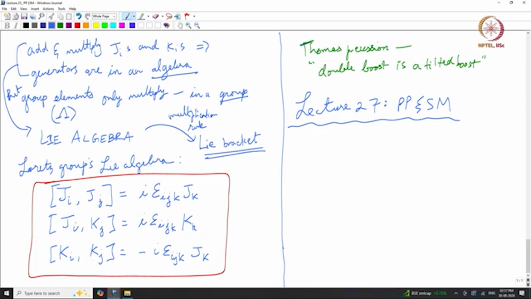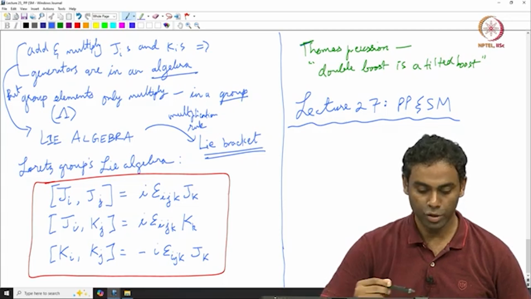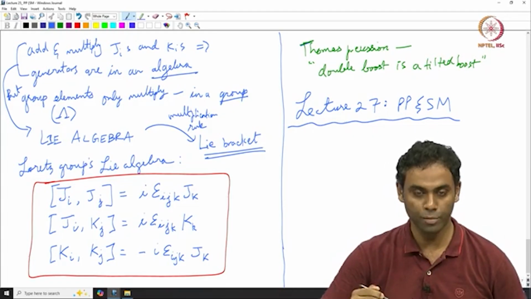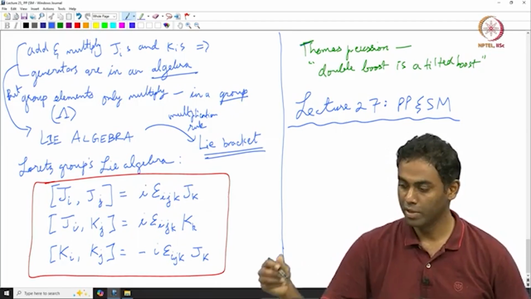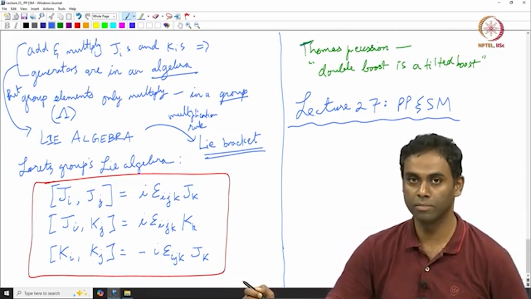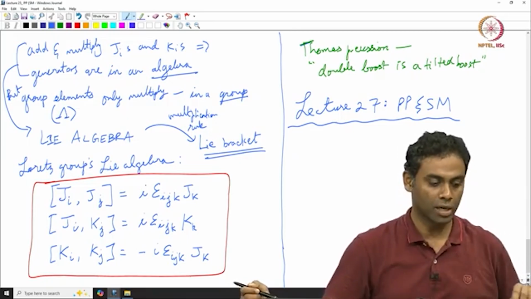And we saw that the Lie bracket for the Lorentz group was this: the commutators of the rotation generators give you back a rotation generator with an antisymmetric Levi-Civita tensor, but somewhat surprisingly, when you commute the rotation generator with the boost generator, you get back a boost, and then when you commute 2 boosts, you get a rotation generator, right? So boosts and rotations are inextricable from each other. If you do not remember this from special relativity, go back and refresh your memory on this, okay? So you can't have one without the other.